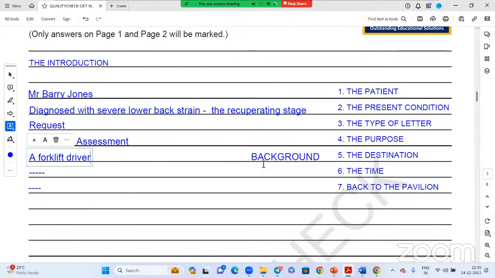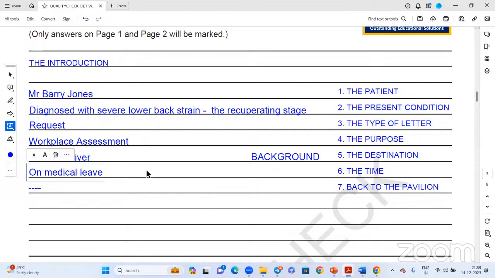Then the next one, after background. So now here he wants a workplace assessment. Why? Because he is without work for so many days. So he's on leave. He's on medical leave.